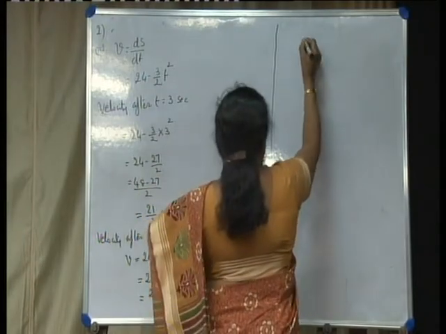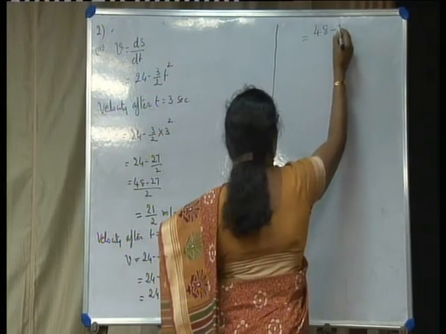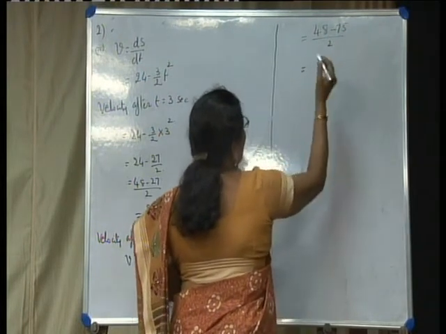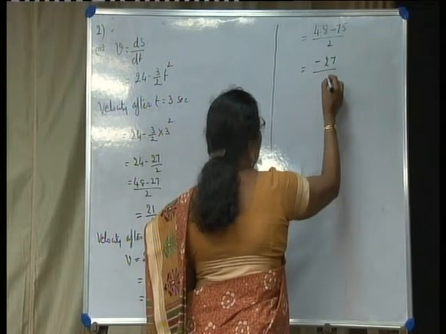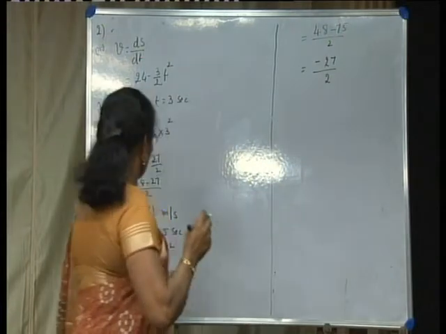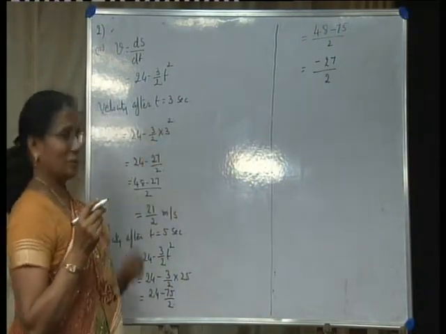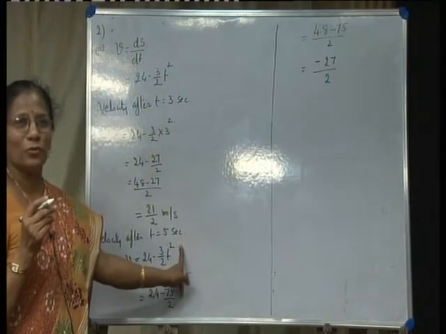So this is equal to 48 minus 75 by 2. So, this is equal to minus 27 by 2. So, the velocity increases when t is equal to 3 seconds. The velocity decreases at t is equal to 5 seconds.